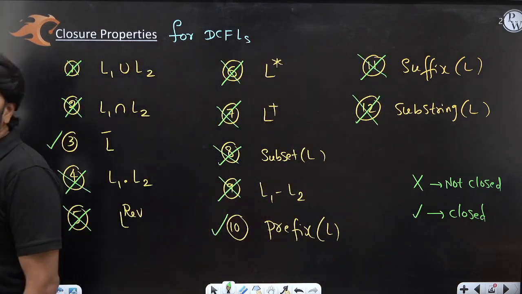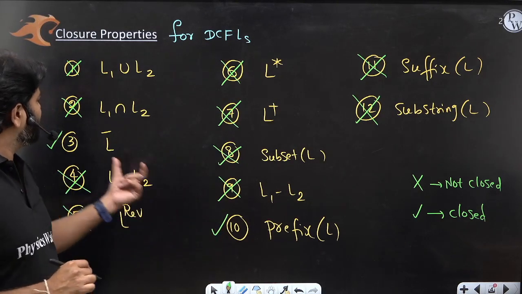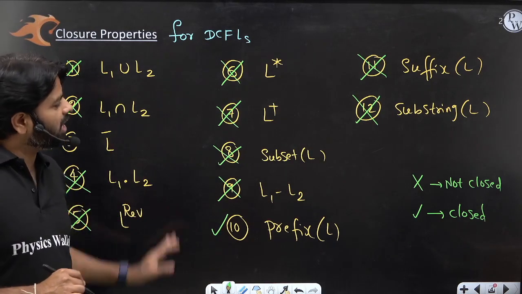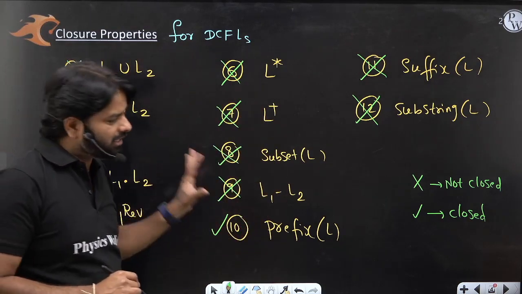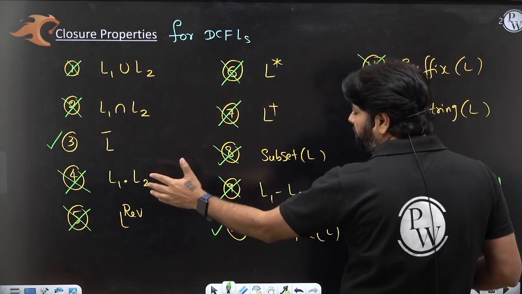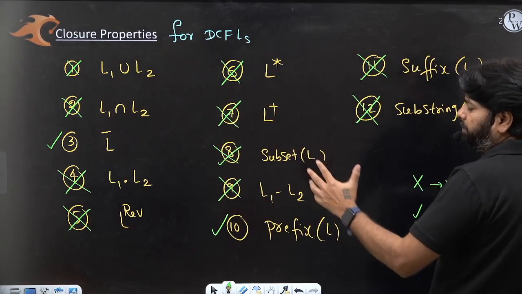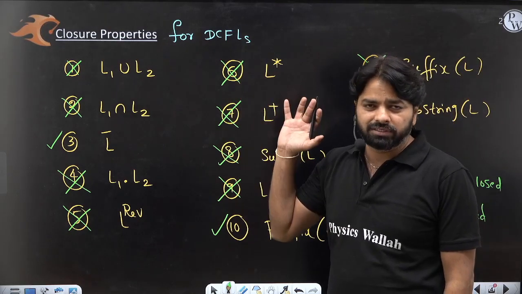So it is very easy and simple to remember. Only prefix and complement are closed for DCFLs from this list. In the exam you can just remember that complement and prefix are closed for deterministic context-free languages.